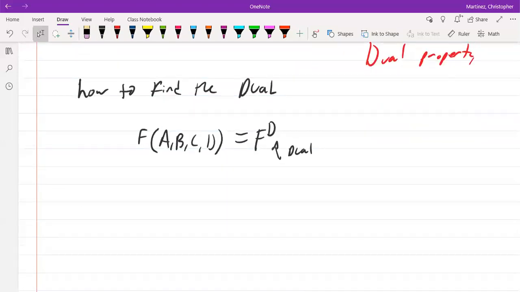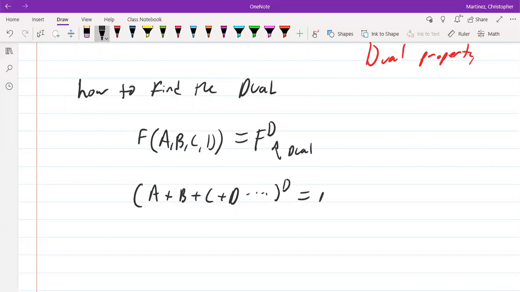So how does this look? Let's give it some variables. So let's say I have a plus a b plus a c plus a d, dot, dot, dot. Maybe we have quite a bit of letters. And then when we say I'm going to find the dual of it, this will be converted into a dot b dot c dot d.